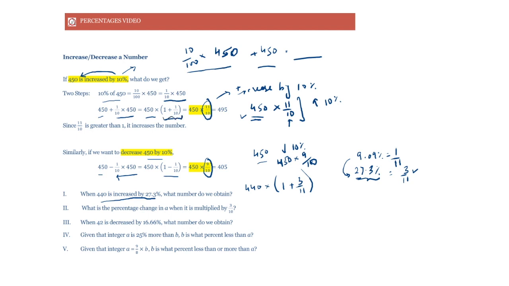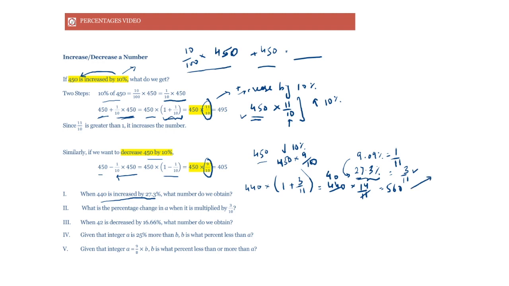Look at this, 1 plus 1 by 10, because it is 450 plus 1 by 10 of 450. So using the same concept here, we'll say 440 plus 3 by 11 of 440. So we can simply multiply 440 by 14 by 11. Now note that this becomes a whole lot easier. This is equal to 560.